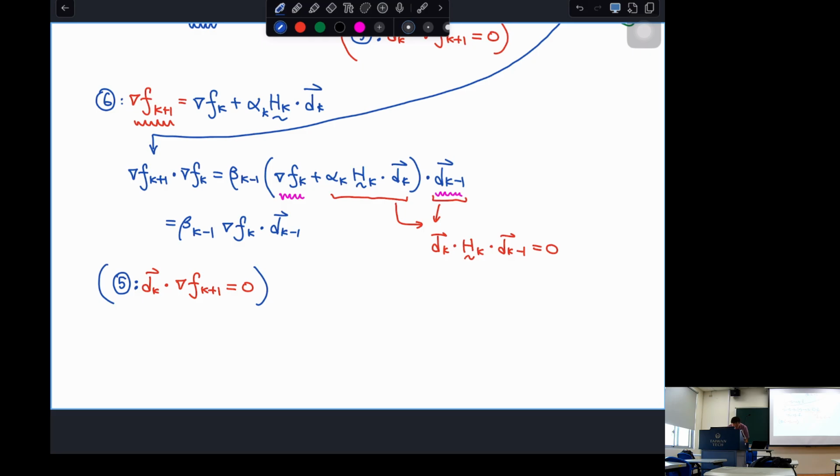So if we minus the index by 1, then dk minus 1 dot gradient f k equals 0. That's exactly what you are having here. So this whole thing is 0.